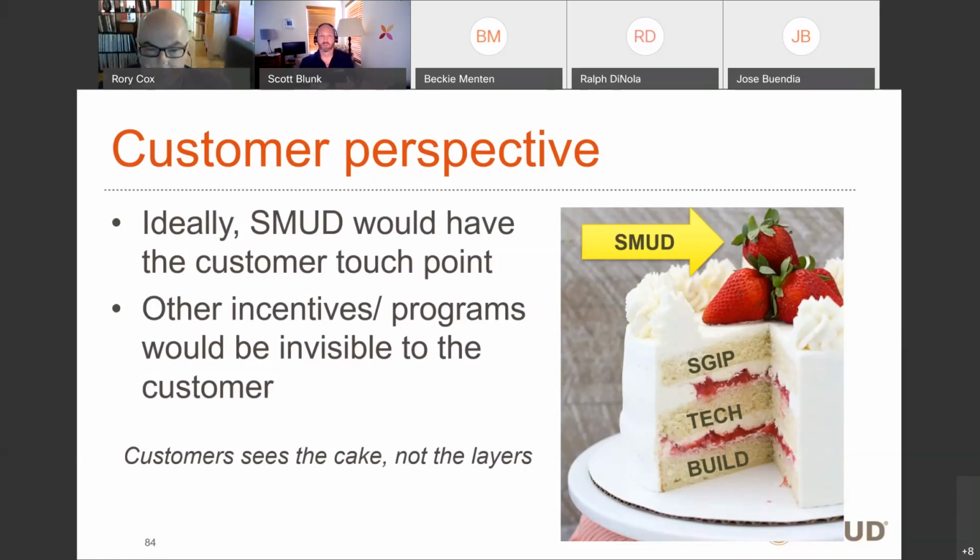So ideally, we have this customer touch point and the trust of the customer already, and we can move these other layers behind the scenes. The customer sees the whole thing, not all these pieces, and doesn't have to get some money from SMUD and some money from taxes. We don't want the customer to bring that together. Better customer experience. Next slide.